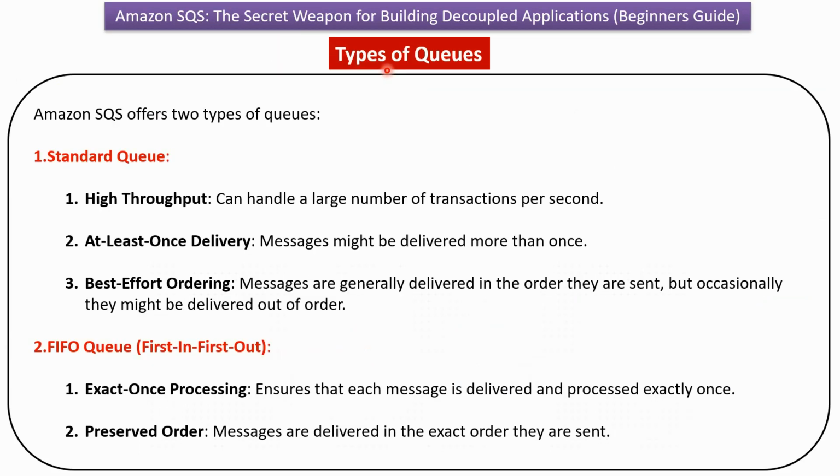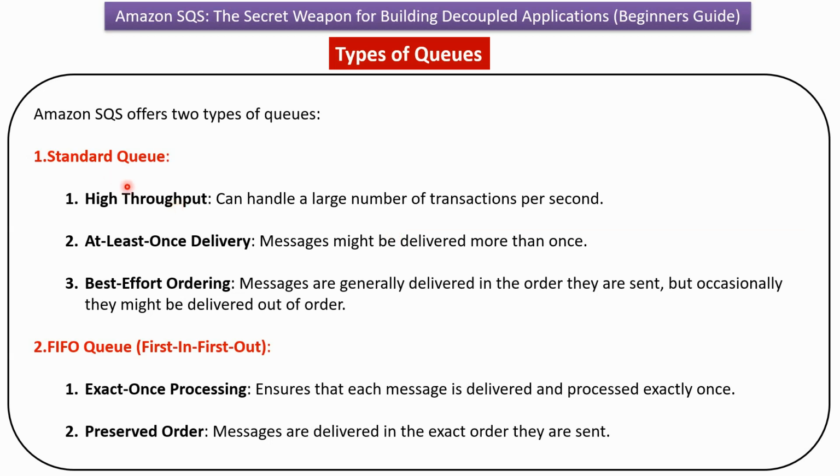Now we will see types of queues. Amazon SQS offers two types of queues. The first one is standard queue. The second one is FIFO queue, or first in first out queue. First we will see standard queue. A standard queue can handle a large number of transactions per second, which means it supports high throughput.